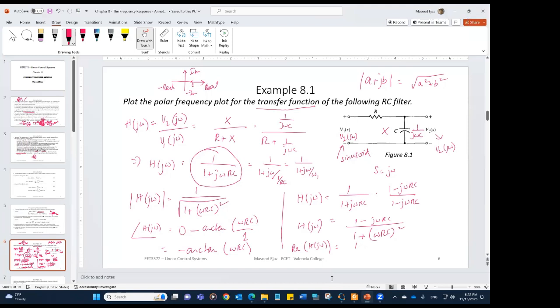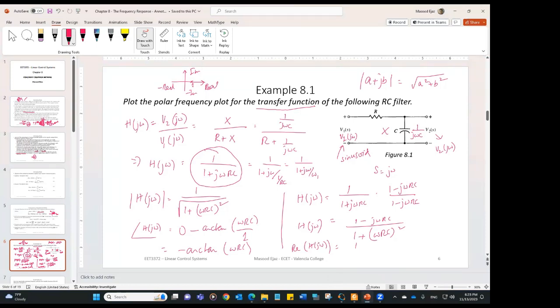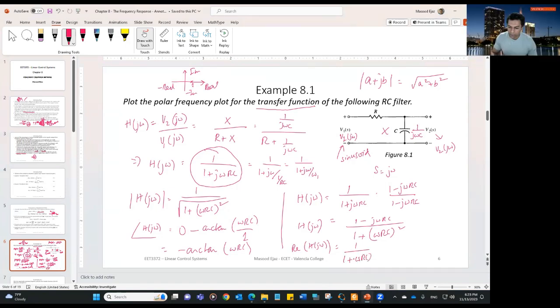The real part is 1. What is the real part of this expression? That's what I'm asking. One over 1 plus omega RC squared. All right, good.